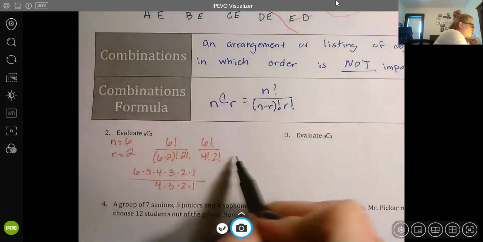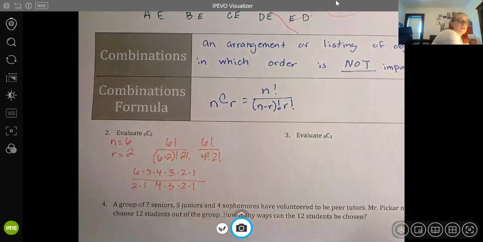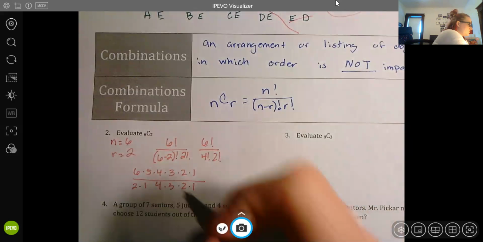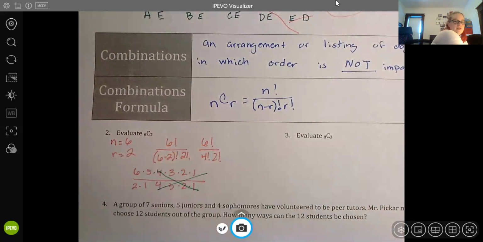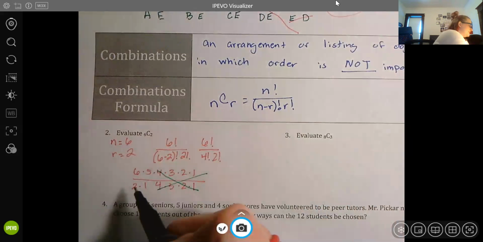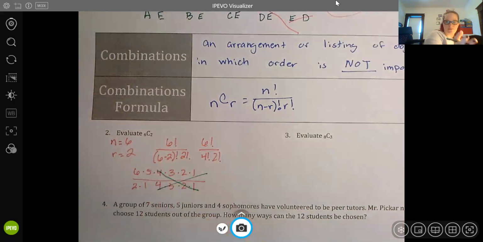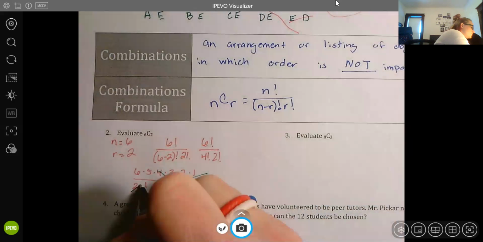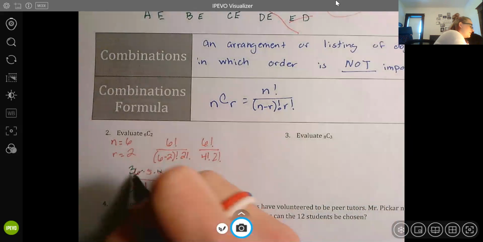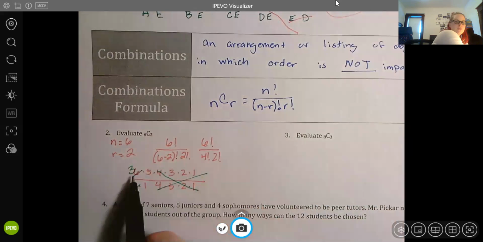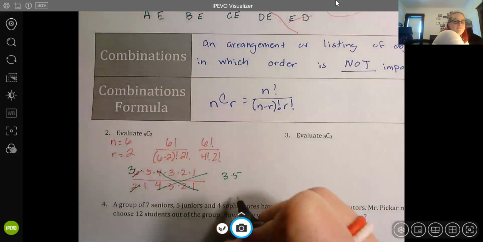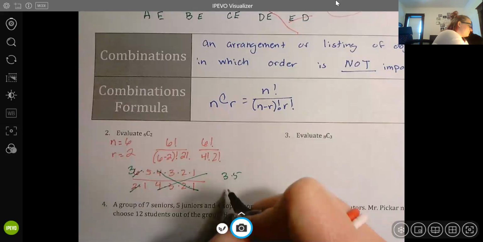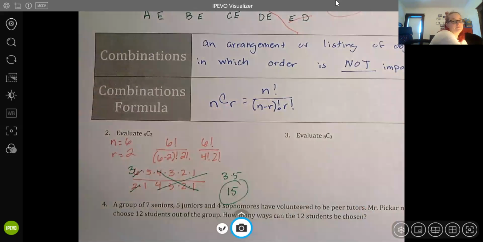And then we have this other 2 and 1. So just like yesterday, all of the 4s and down are going to cancel. And then I'm going to simplify this 2 and this 6. I don't have to. I could multiply 6 times 5 and then divide by 2, but I like to make things simpler. So 2 and 6 are going to simplify to 3. So now I'm left with 3 times 5 on the top. So we have 15 for our solution.